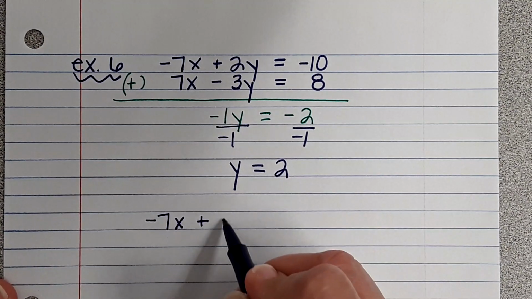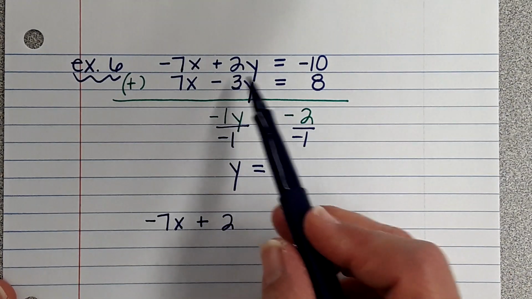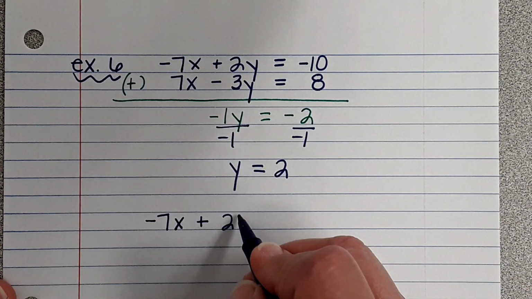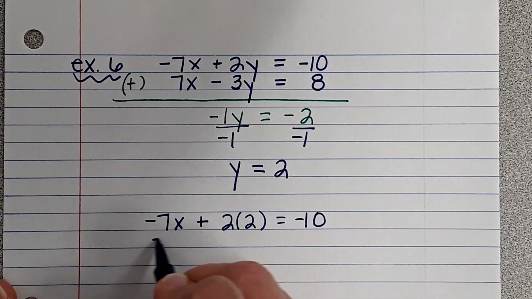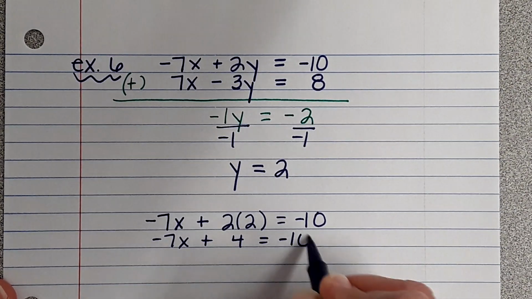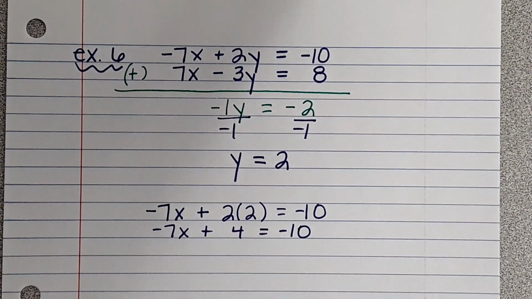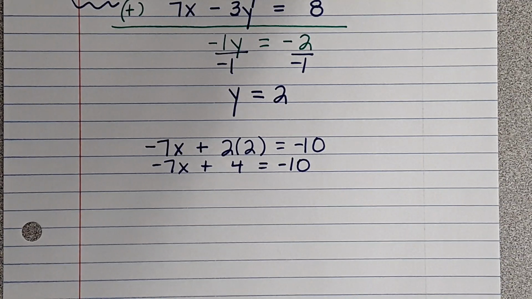You guys, I'm replacing y. Remember, a number next to a variable means multiplication. So if my y is now 2, it means I'm going to multiply by 2. Now what am I going to do?